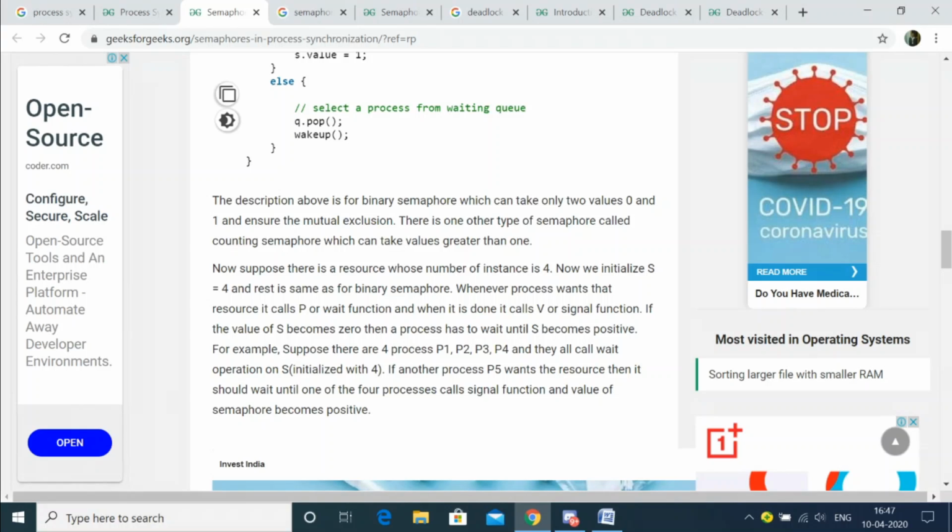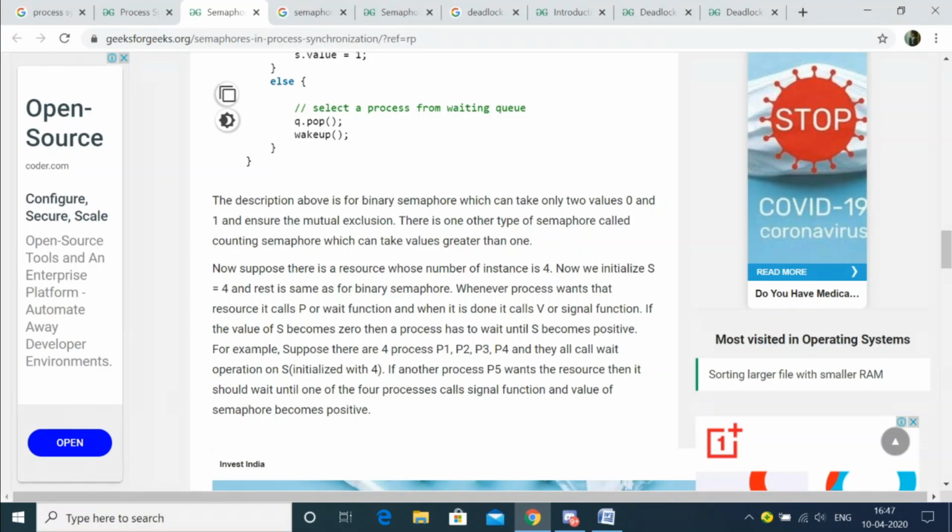Why? Because it is all dependent upon the semaphore value. The moment the value of the semaphore is 1, only then we can take in another process. So here the priority basis of processing does not take place. This is one of the biggest disadvantages.